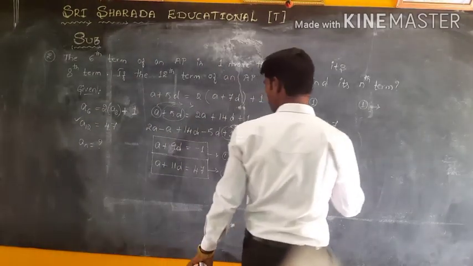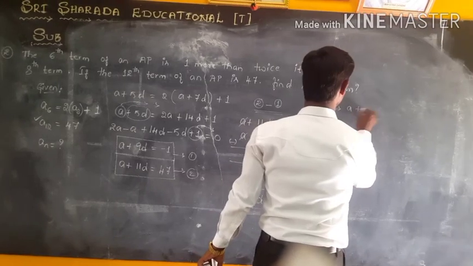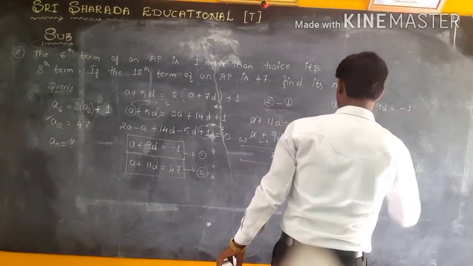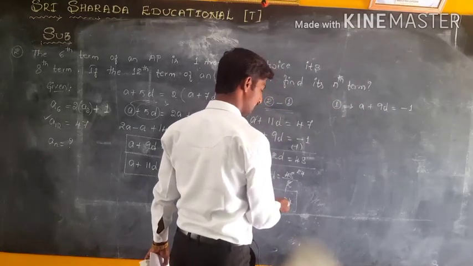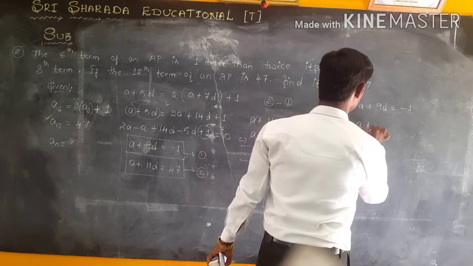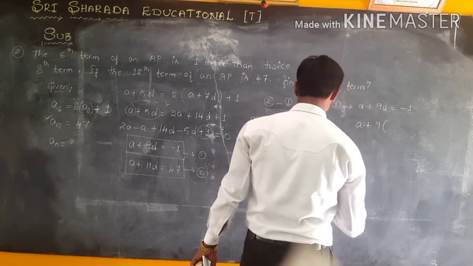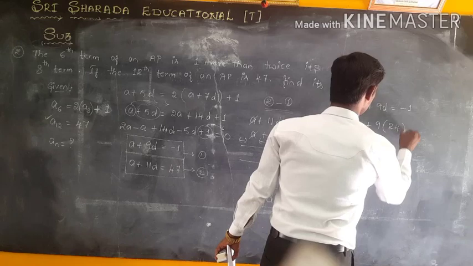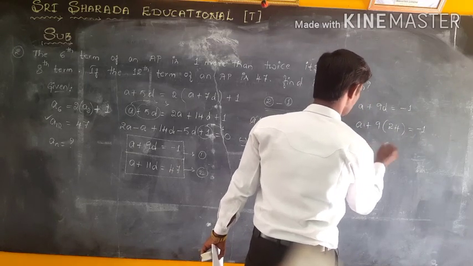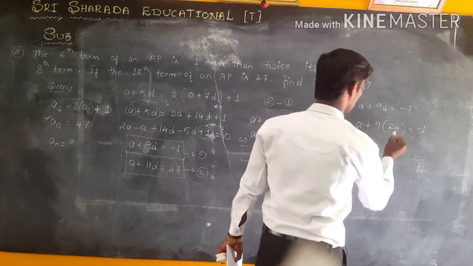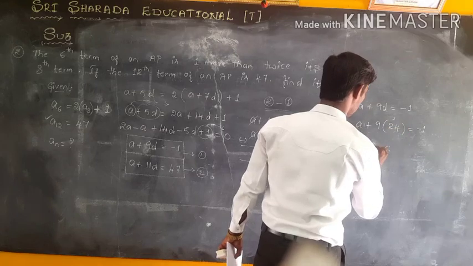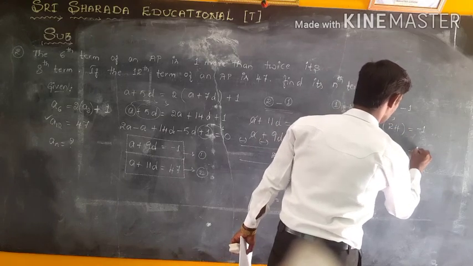So equation number 1 is A plus 9D is equal to minus 1. Now we have the value of D is 24. So A plus 9 times the D value 24 is equal to minus 1. That is A plus 9 4s are 36, 3 carry, 9 2s are 18 plus 3 is 21, is equal to minus 1.